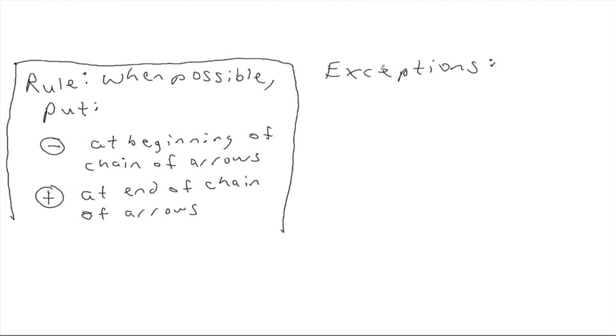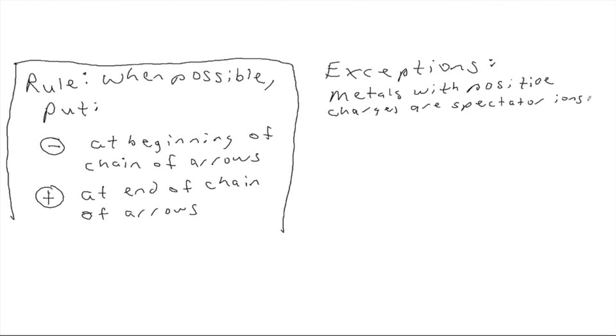To this rule, one exception we've already seen. Remember that metals with positive charges are spectator ions. What are the most common examples of metals with positive charges that we've seen that are spectator ions?